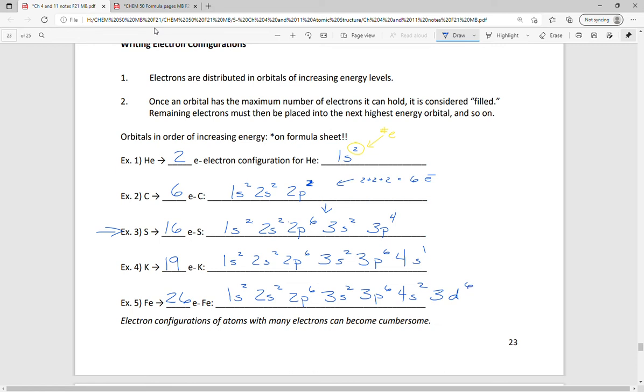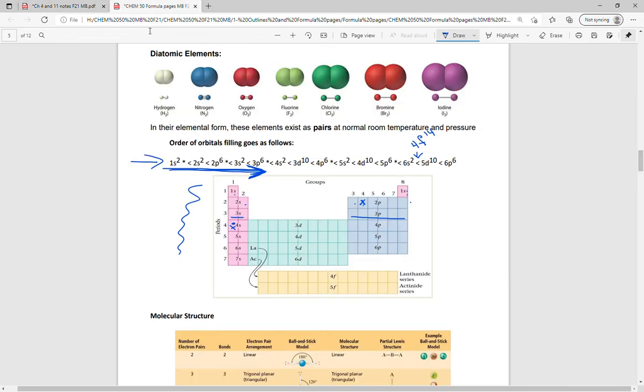So you can just add up as you go, or you can take a look at where iron is on the periodic table. So number 26 on the periodic table would put me down in here. And so you can use maybe a combination of these.